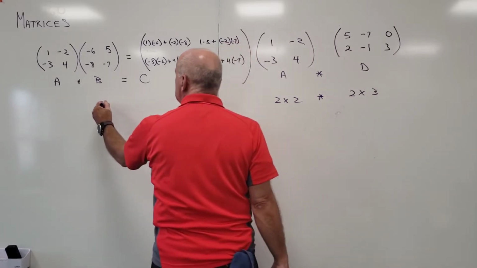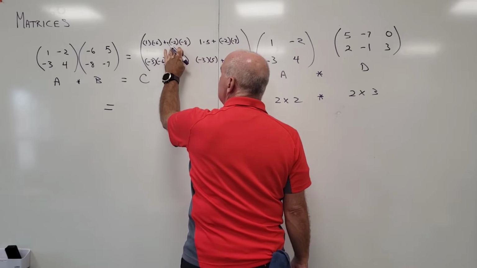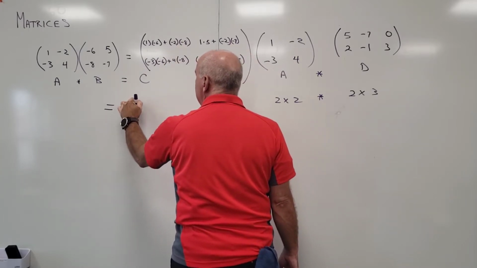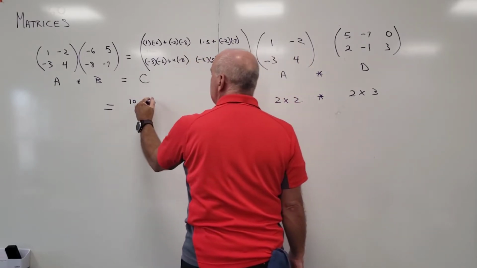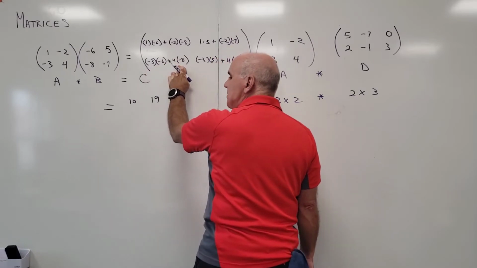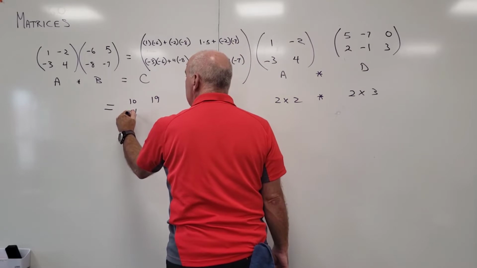And so this matrix C will be -6 plus 16, so that's 10. And then it'll be 5 plus 14, so that's 19. 18 minus 32, so that's -14.